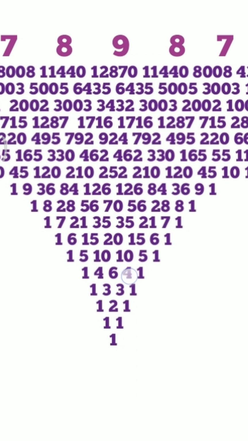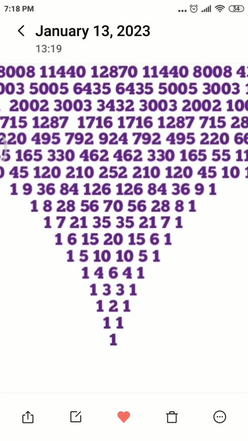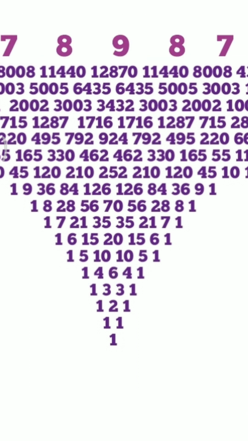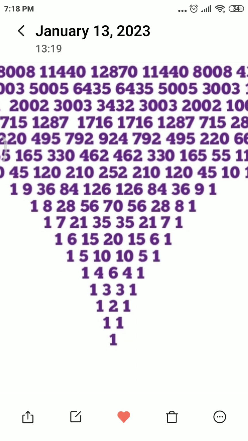This is the 10 raised to 1 position, this is 10 raised to 2, 10 raised to 3, 10 raised to 4. So the digits here represent 14,641 in the decimal system. Though this is based on 11, it is in fact the powers of 11.